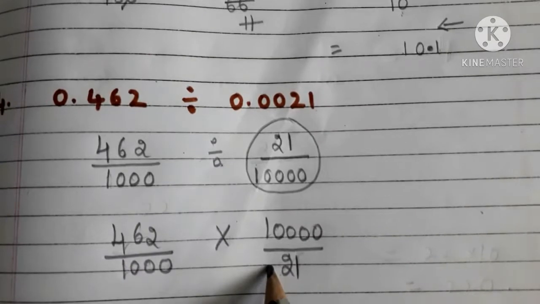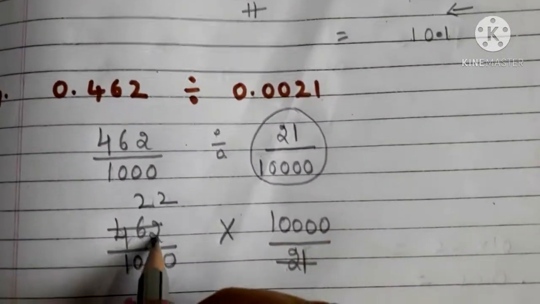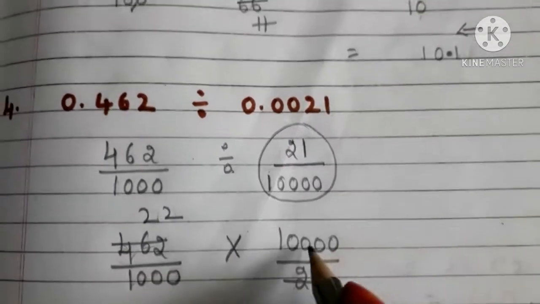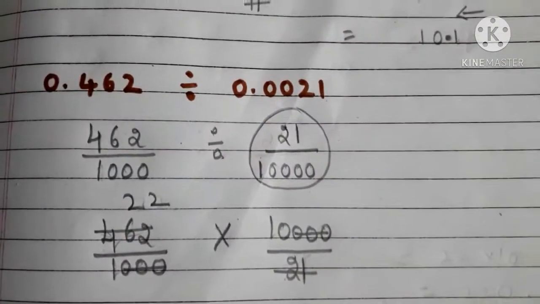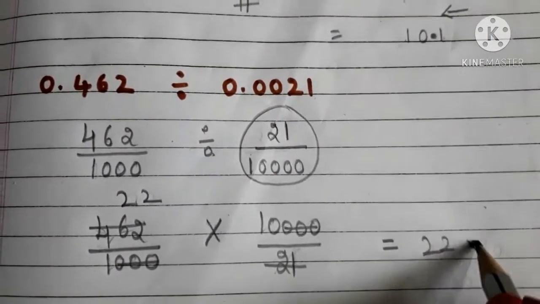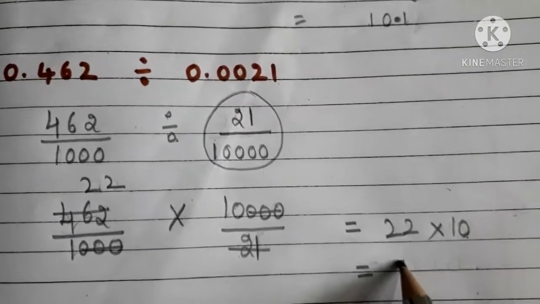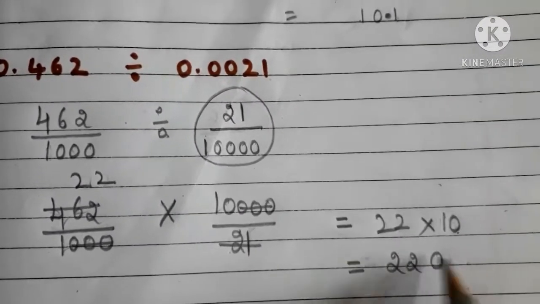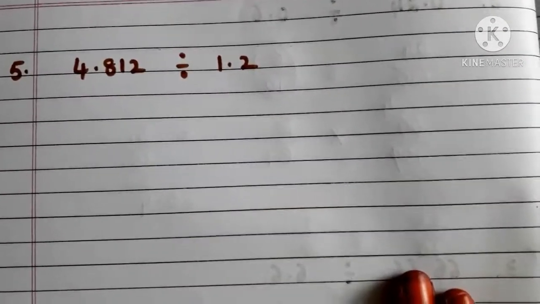Okay. 21 22s are 462. Okay. These 3 zeros and these 3 zeros gets cancelled. Now we have 22 into 10. So the answer is 220. Okay. Let us go to last example.